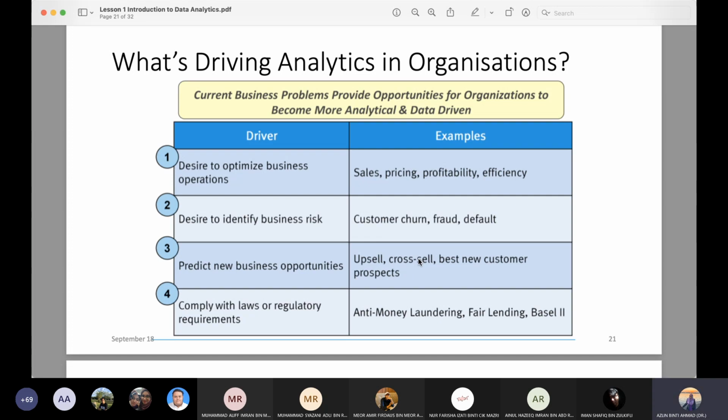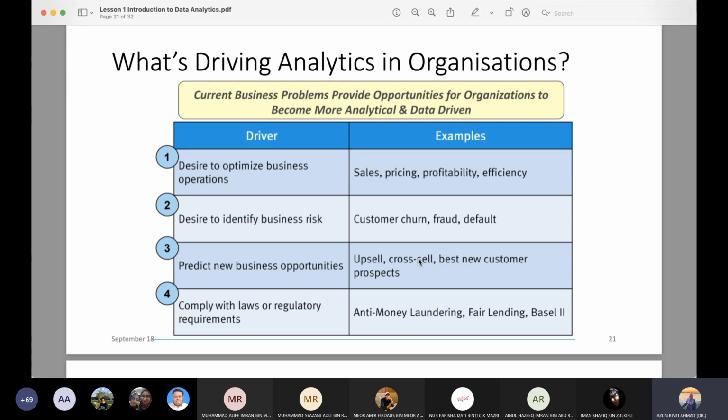And then the third one is they would like to predict new business opportunities. Examples: upsell, cross-sell, best new customer prospects.